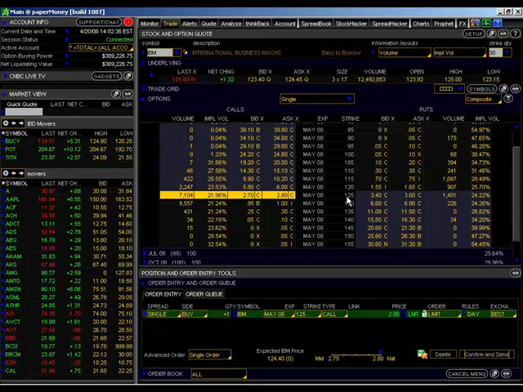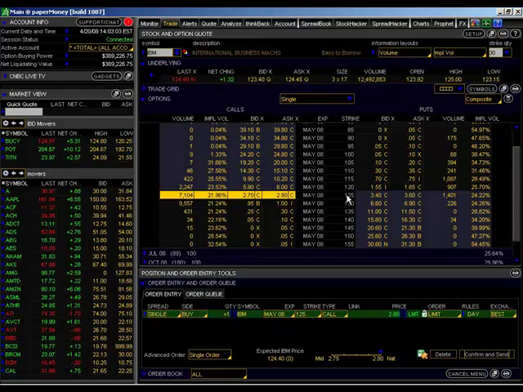Now what happens if you're right and IBM does increase in price? Let's say it goes all the way up to $145. As long as it's at $145 before the third Friday of May, you have the right to purchase 100 shares of stock at $125. Cool, right?